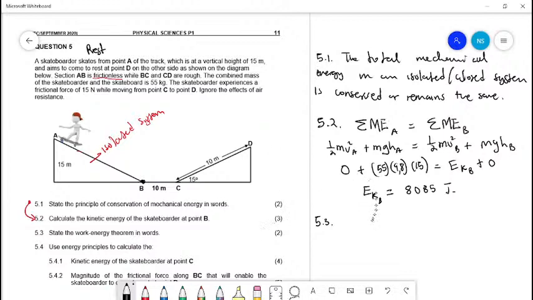So the work energy theorem, it's W net equals to change in EK.